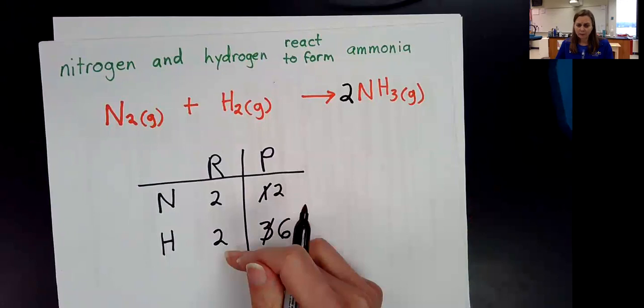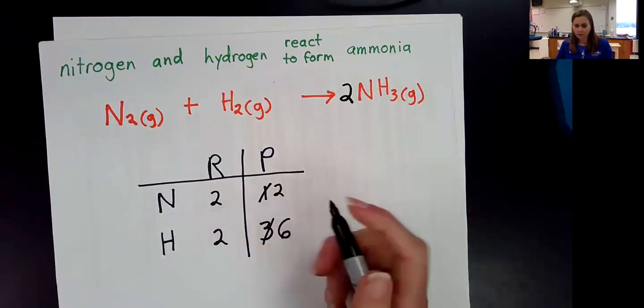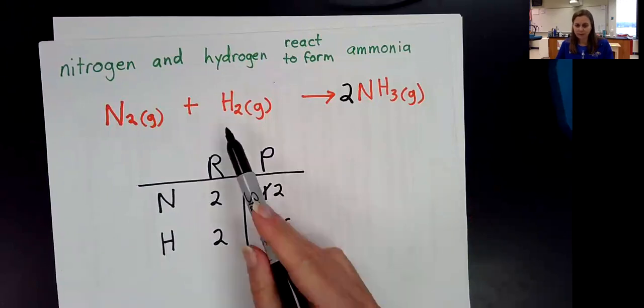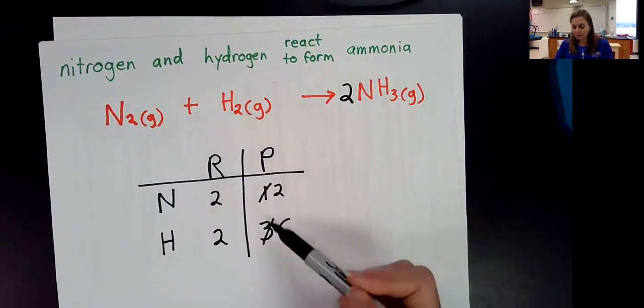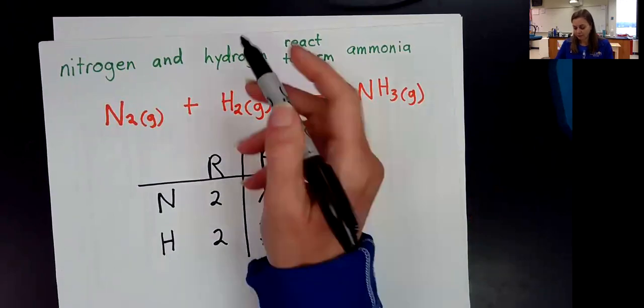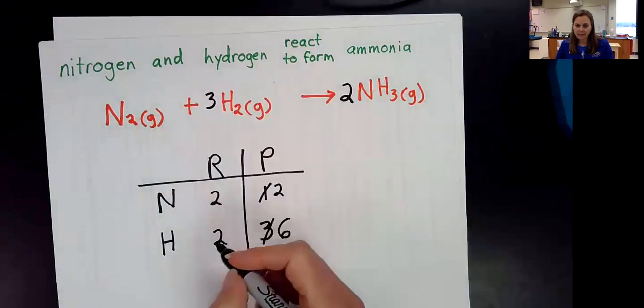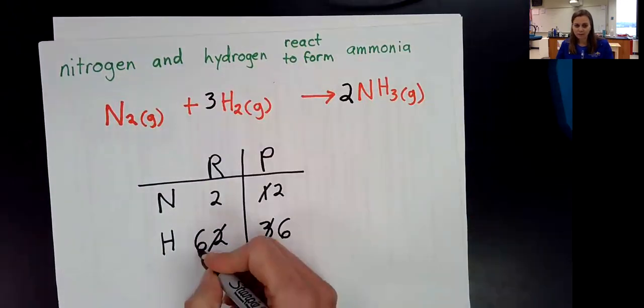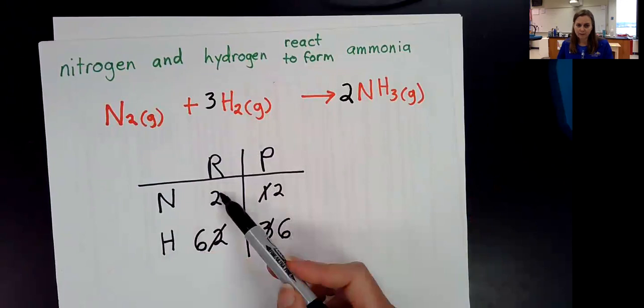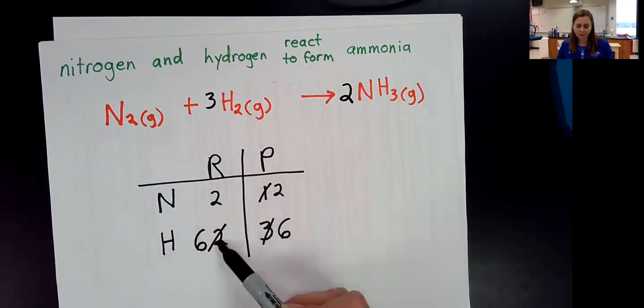So now what can I multiply the hydrogen by so that I would have 6 hydrogens? Well, since I already have 2, I'm going to multiply it by 3, and that will give me 6. And now I can see that I have 2 nitrogens on the reactant and the product side, 6 hydrogens on the reactant and the product side.